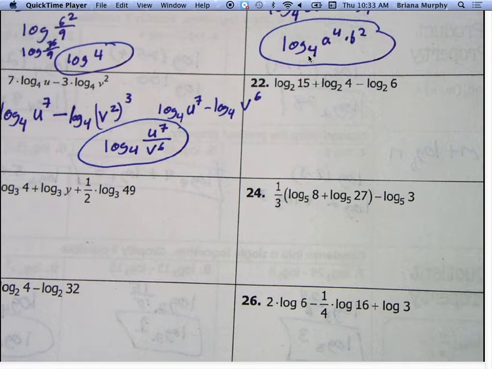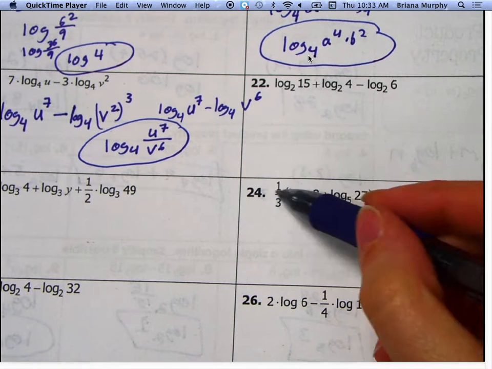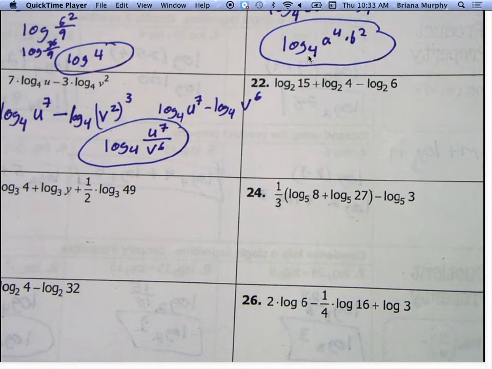I've got 1/3 in parentheses log base 5 of 8 plus log base 5 of 27 end parentheses minus log base 5 of 3. You see that, right? So we got to do what's in the parentheses first. So we're going to do the power rule first, but we have to do it for both things inside the parentheses, right?